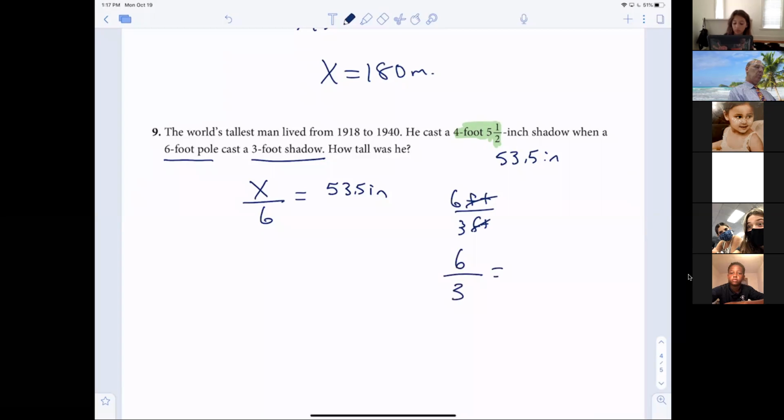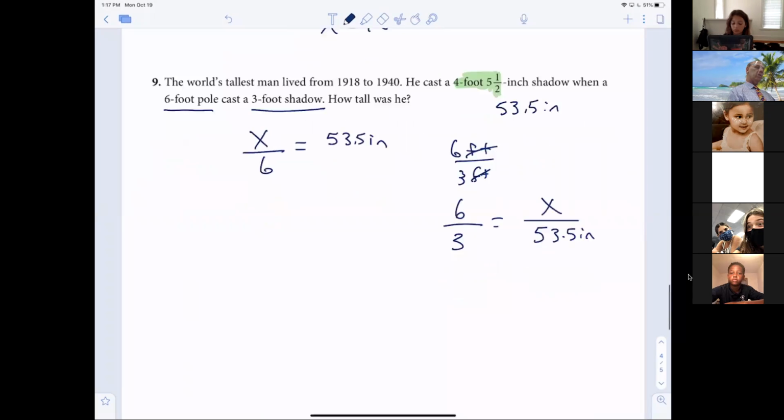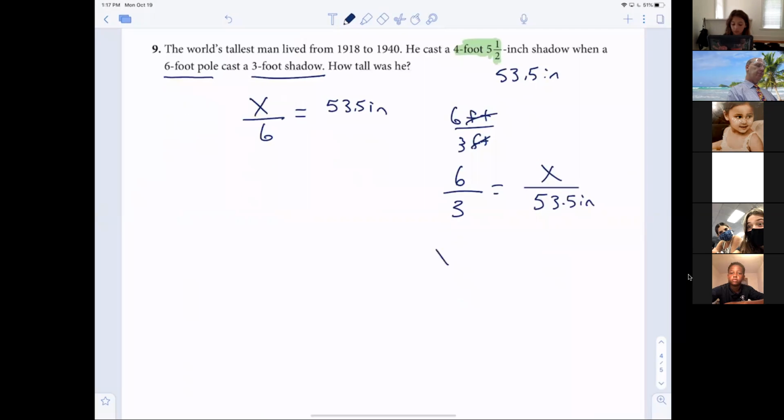And then the 53.5, what is that? At the bottom, that is correct. And what's going to be at the top? All right, now cross multiply and tell me what you got. 107 what?